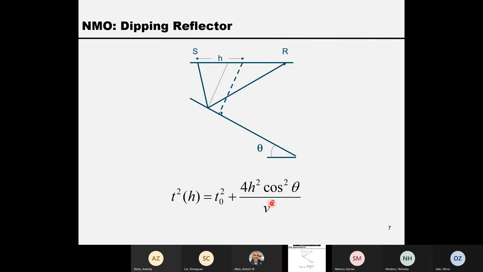If velocity is too small in the migration, what happens? The migration will be, come on, over migrated or under migrated?